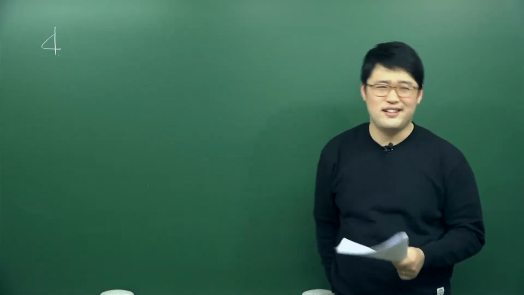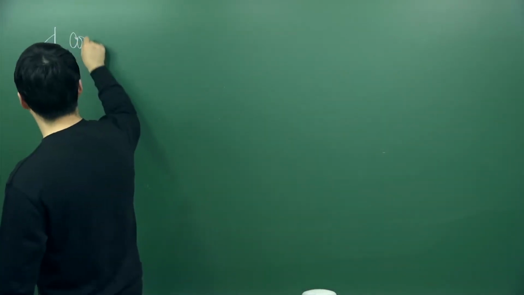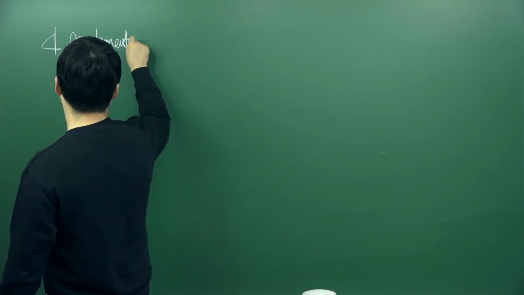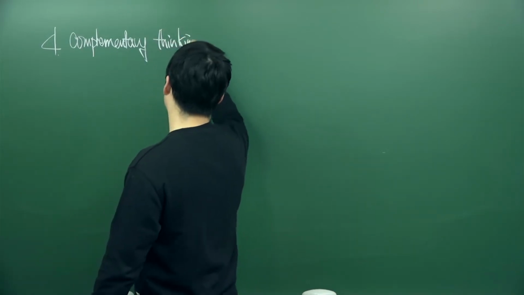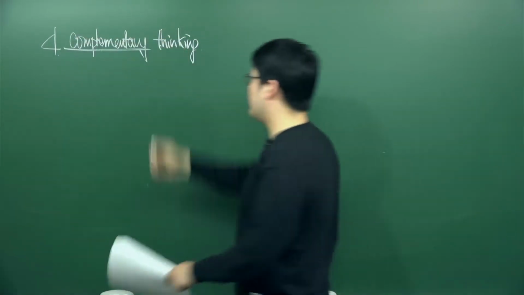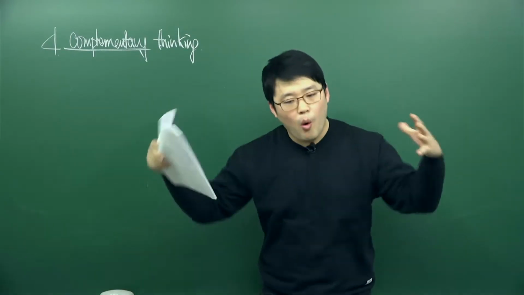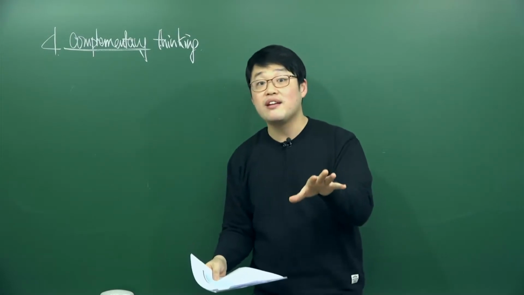What's the key idea that we need to remember? The key idea is something called complementary thinking. What's complementary thinking? We calculate the whole thing and we subtract those things that don't fit.